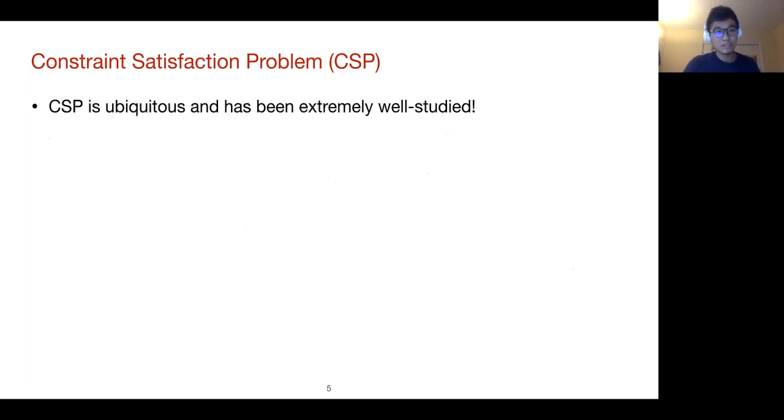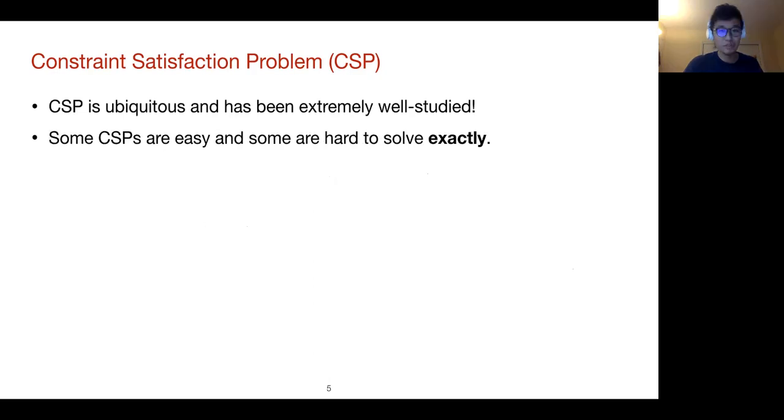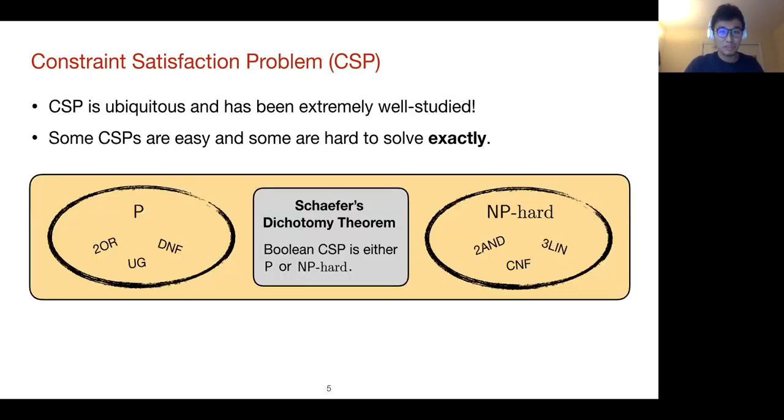Now that we've seen the definition of CSP and that you can at least encode Max-cut, it turns out that CSP is very prominent in complexity theory and extremely well studied. Specifically, if we want to understand the optimal value exactly, then the famous Schaefer's dichotomy theorem tells us that the problem is either in P or it's NP-hard.